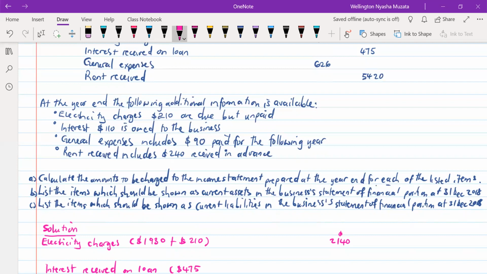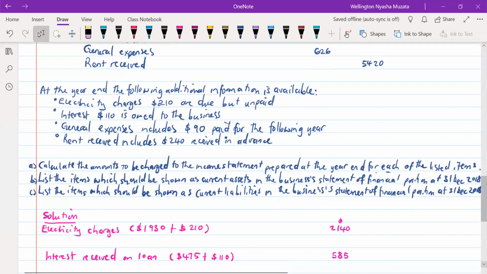So we are supposed to add the 110. So 475 plus 110, 585. According to the matching accruals concept, it is for this particular period. As much as the business hasn't received any monies, it has to be written in this accounting period.